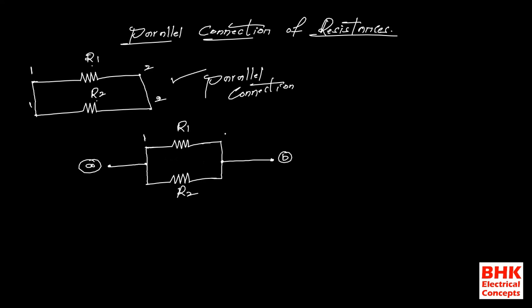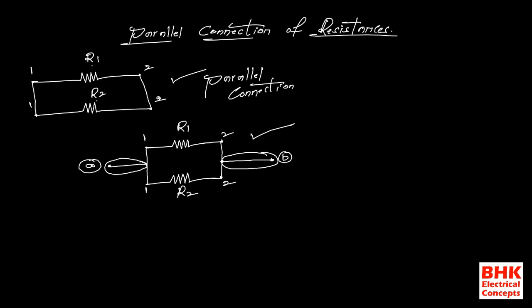As I told you, terminal 1 of R1 and terminal 1 of R2 are directly connected, and terminal 2 of R1 and terminal 2 of R2 are directly connected, but between them one terminal is connected like this. We can avoid this connection, because there is no resistance connected in this path, so we can say that R1, R2 both are connected in parallel. So in this problem both R1 and R2 are connected in parallel.